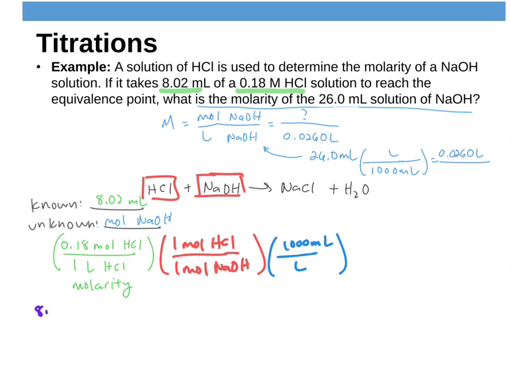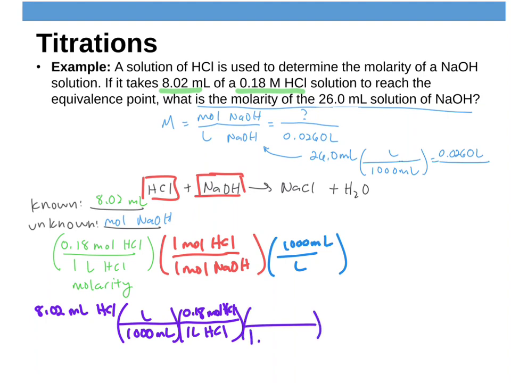So my starting amount is 8.02 milliliters of HCl. I should have put that up there, of HCl solution. I'm going to convert those milliliters into liters so that I get liters of HCl. And I see here that for every 1 liter of HCl, there is 0.18 moles of HCl.